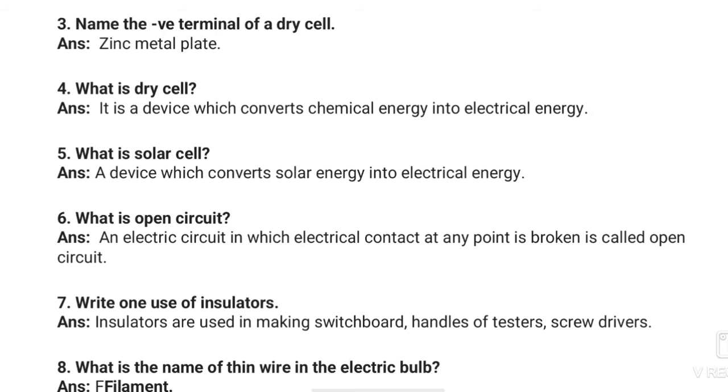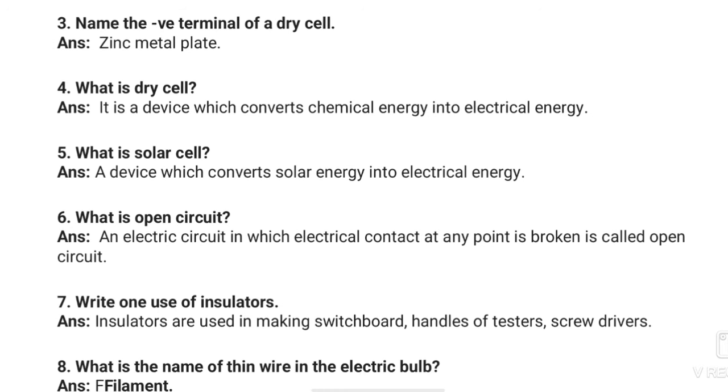A solar cell is generally used in a torch, in a bulb, in a street light, and it converts solar energy into electrical energy. The cell gets solar energy from the sun. Next question: what is an open circuit?